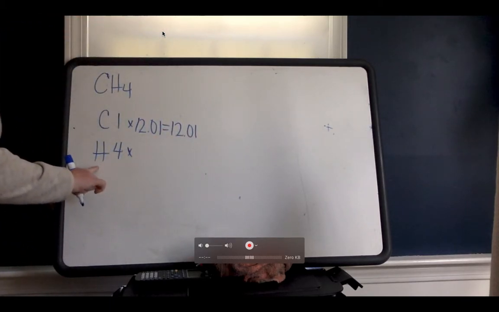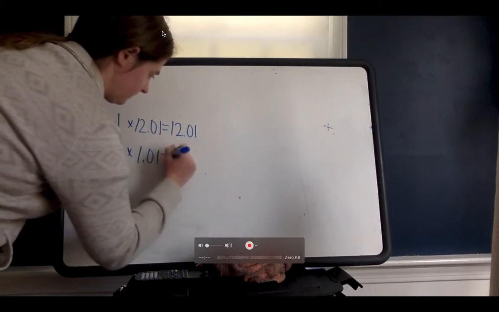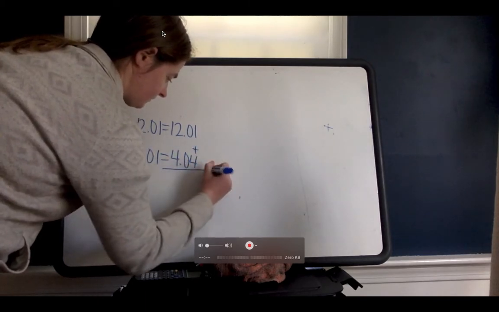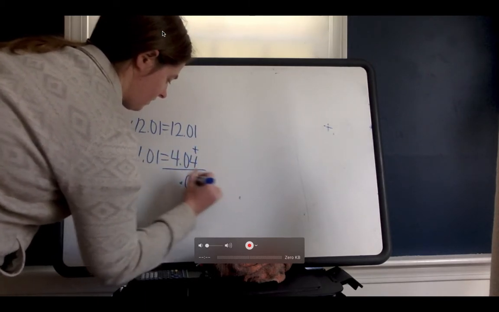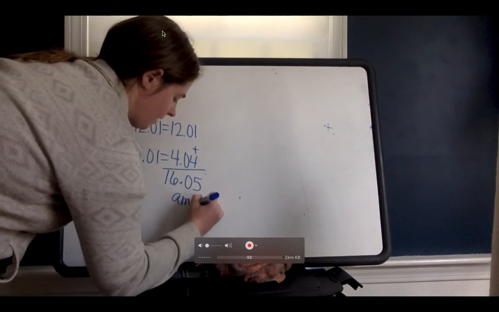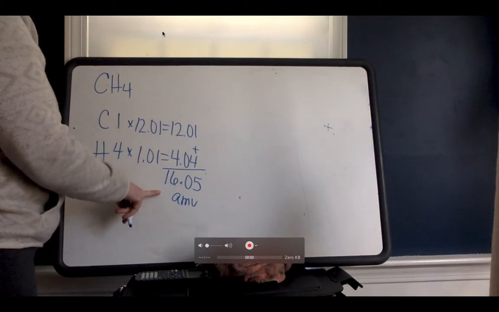The mass of hydrogen is 1.01, and then we add them together. So 16.05 AMUs.